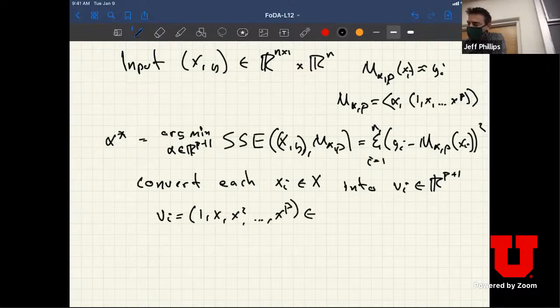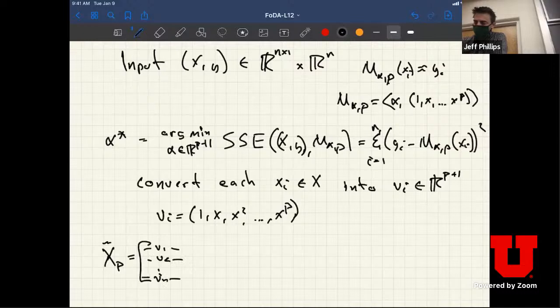Then we'll stack these together. We'll call this X tilde p, and this will be v_1, v_2, up to v_n.